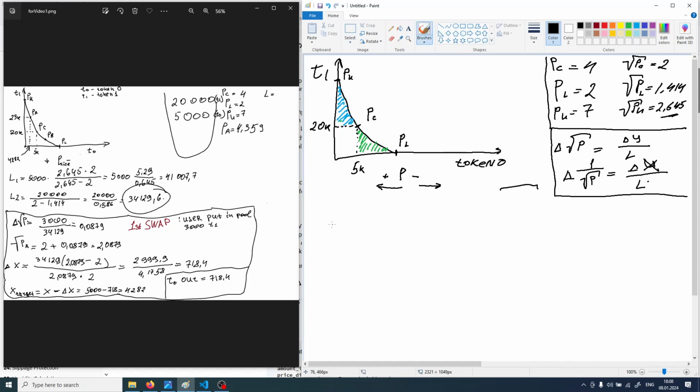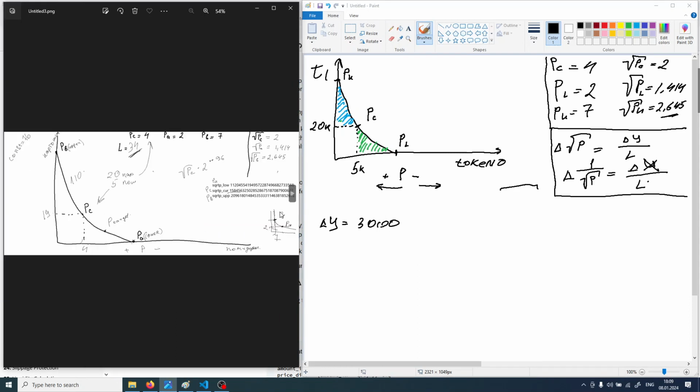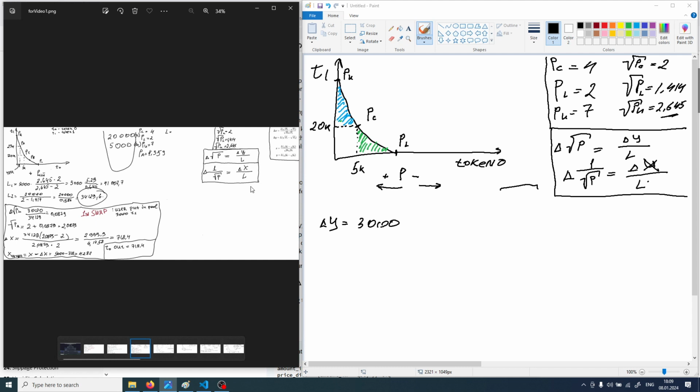We understand that here token 1 is y, so delta y will be 3000, and for the swap we use this formula.